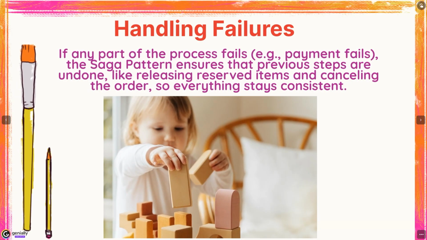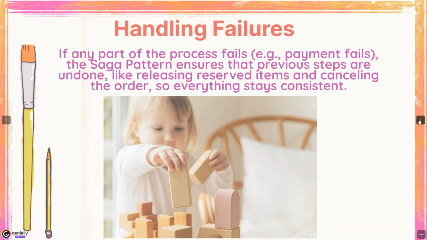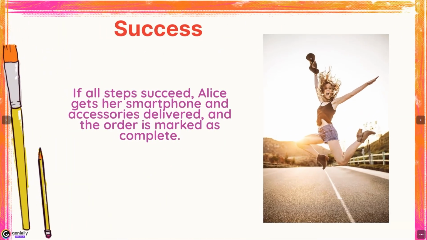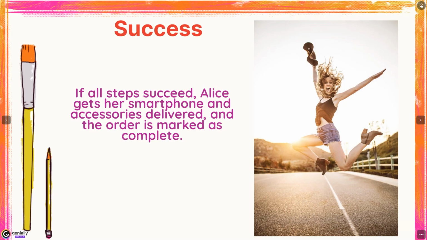If any part of the process fails, for example, if payment fails, the Saga pattern ensures that previous steps are undone, like releasing reserved items and canceling the order, so everything stays consistent. So finally, success. If all steps succeeded, Alice gets her smartphone and accessories delivered and the order is marked as complete.